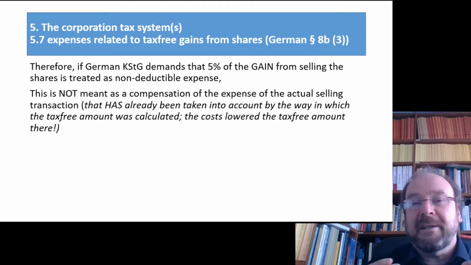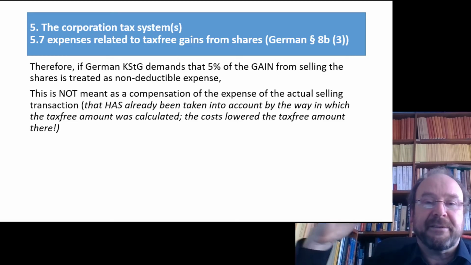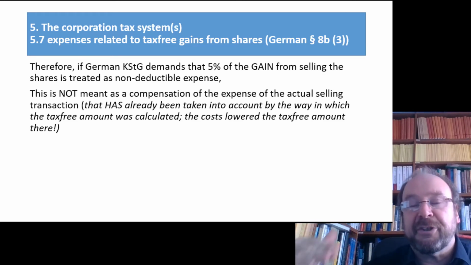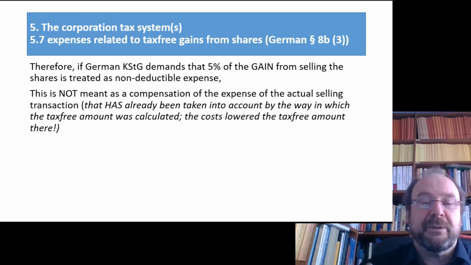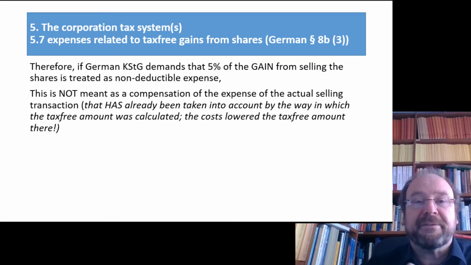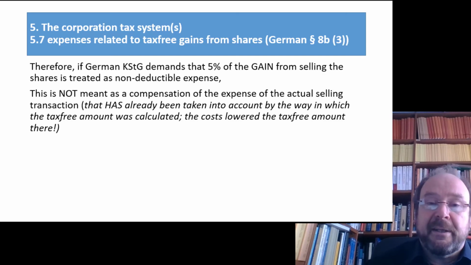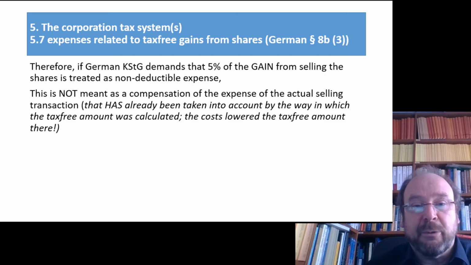And now, okay, it might be that the gain is even higher than the 100,000 or 300,000 retained earnings which you piled up in the time between when you founded the company or bought the shares and later sold it. But well, from the perspective of the legislator, that's nothing to complain. Okay, if my 5% is then too high, well, why not? So this is rather a way just to make sure that the 5% lump sum cannot be avoided.